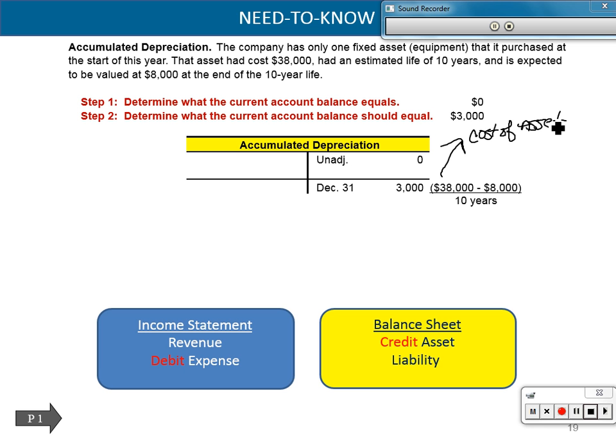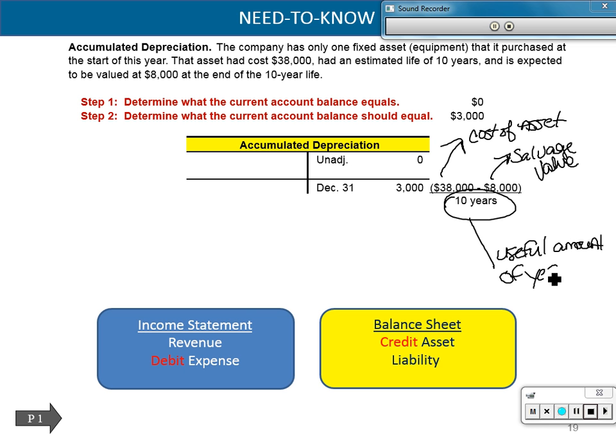That's what this is. This is salvage value. Yep. This is what we call useful amount of years.